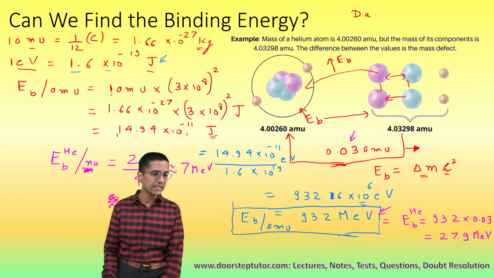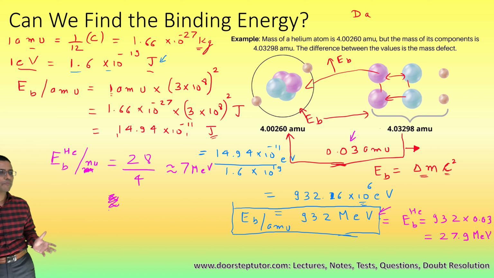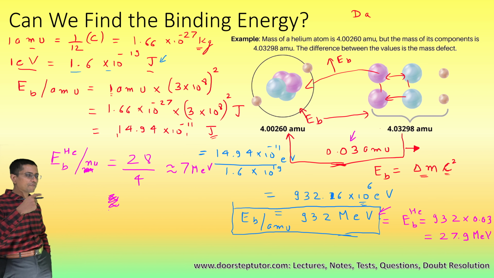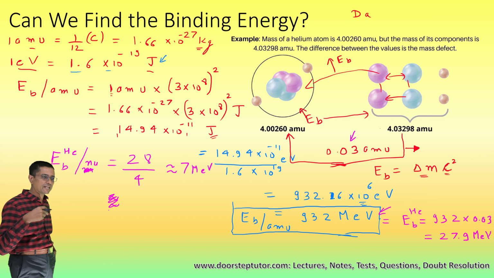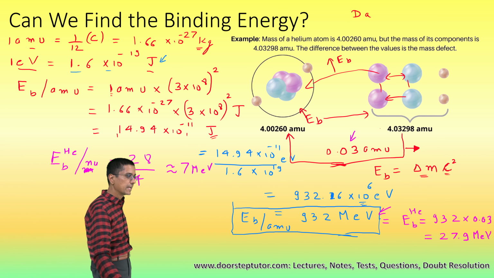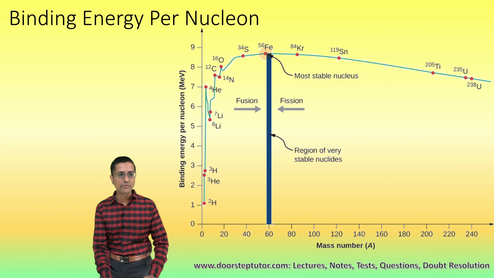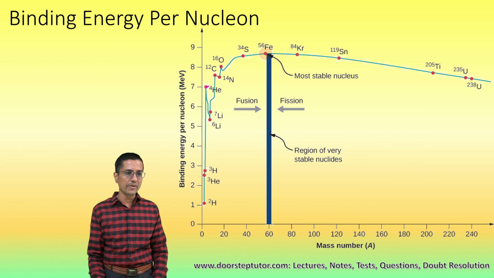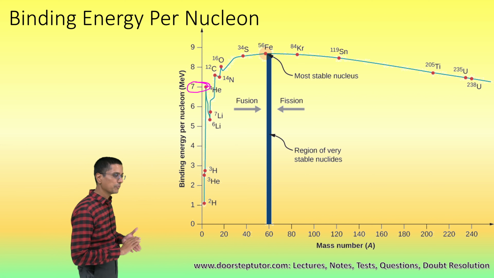So I have now computed the binding energy of helium per nucleon, and that comes out to be 7 mega electron volts. If you remember this chart, we saw this in the last class, and if you notice, for helium indeed the binding energy is equal to 7 mega electron volt. So we have solved one numerical successfully.